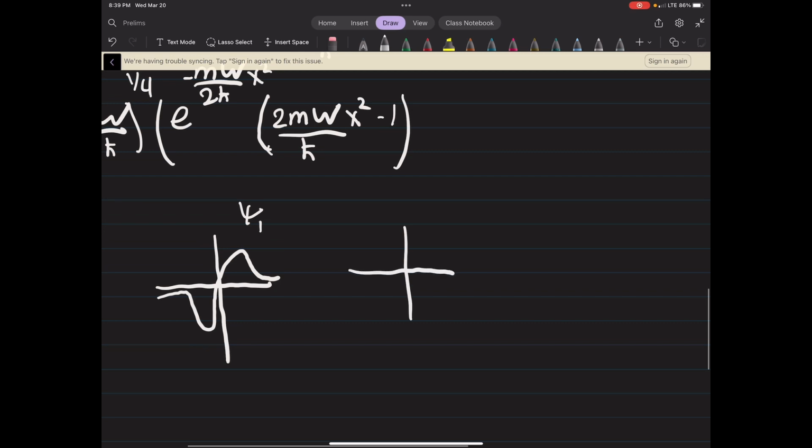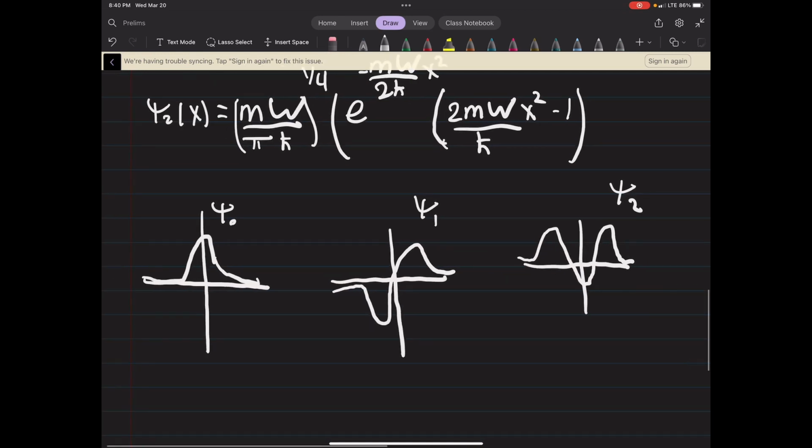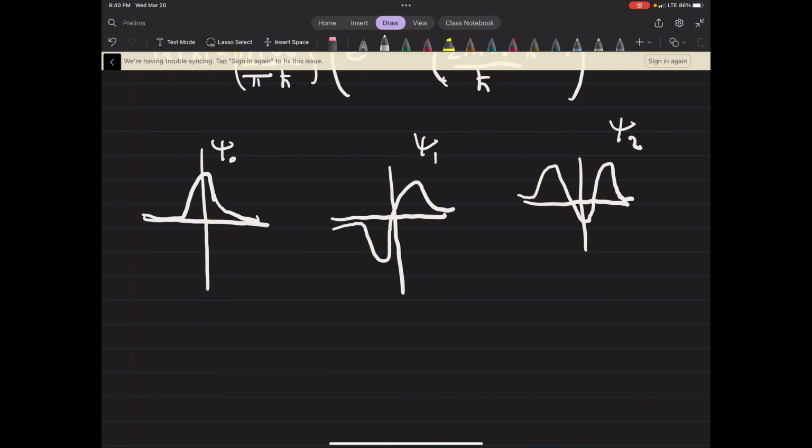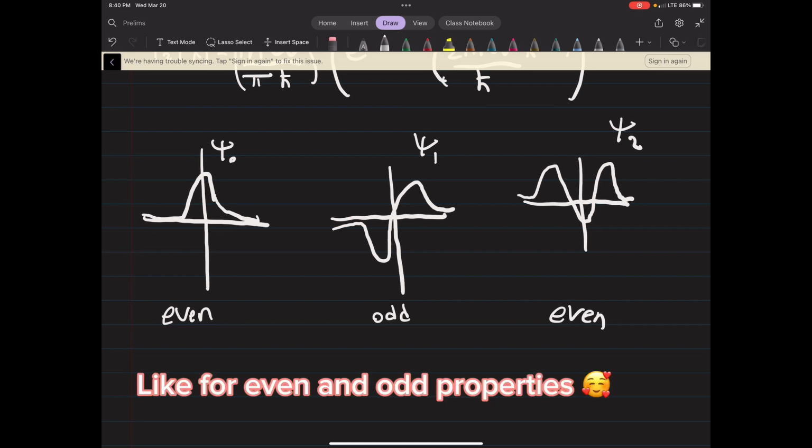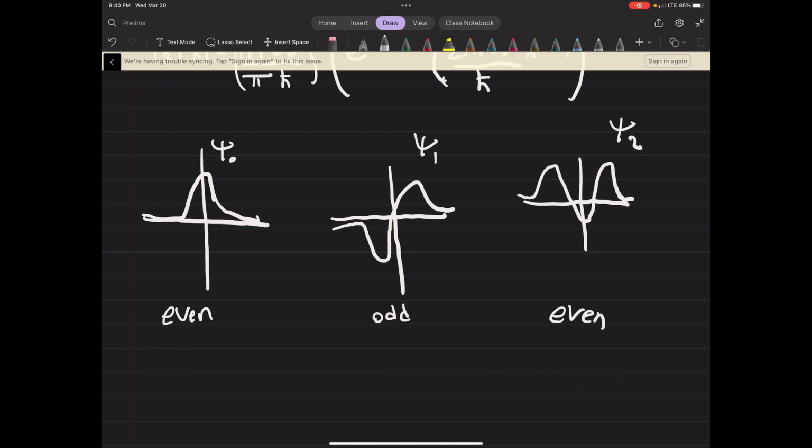These aren't perfect, but they just get you the idea. For psi 2. And the important thing to know is that psi naught is even, psi 1 is odd, and psi 2 is also even. So then we know that an even function times an odd function on a symmetric interval is 0.